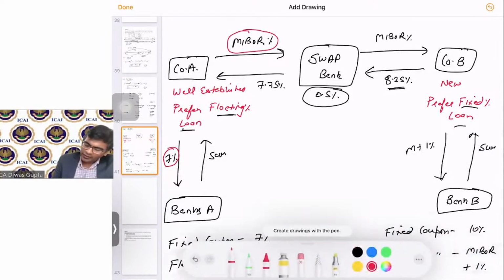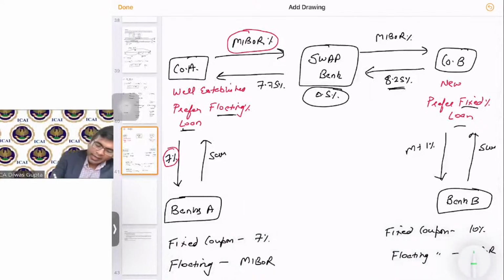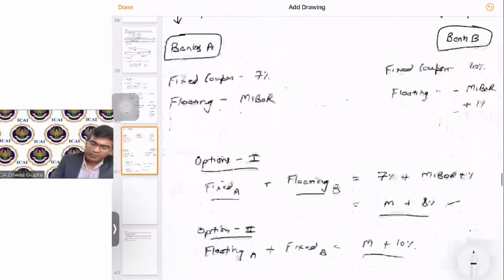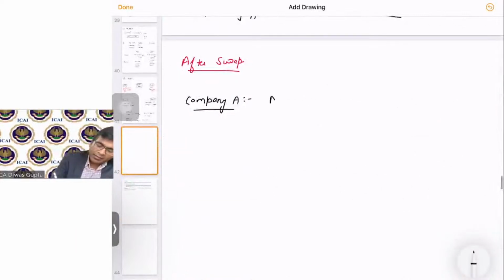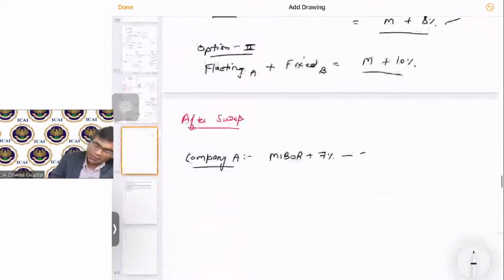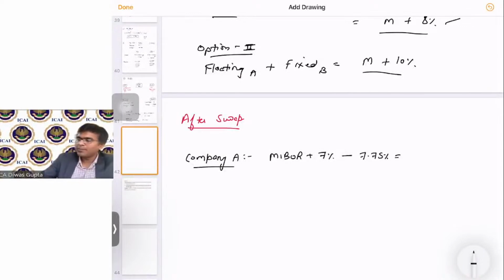And whatever it is receiving, I am circling with green. So company A is paying MIBOR plus 7% and it is receiving 7.75 percentage. So this comes to how much? MIBOR minus 0.75 percentage. This is the effective percentage that has come to company A.